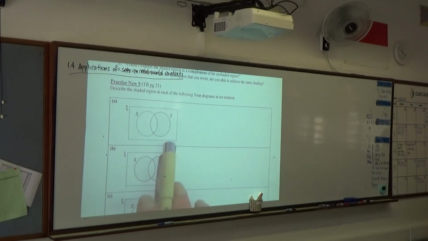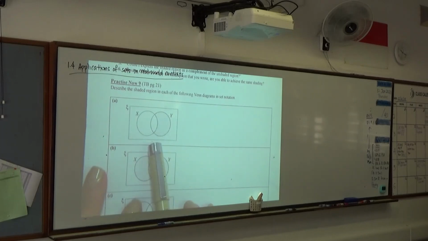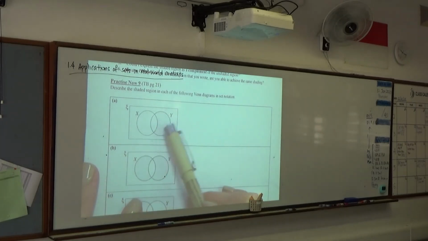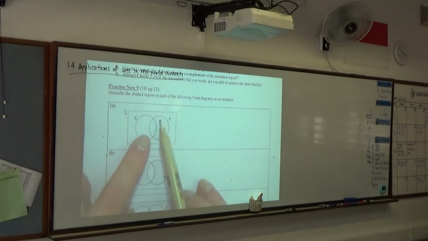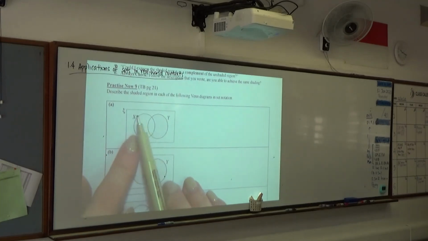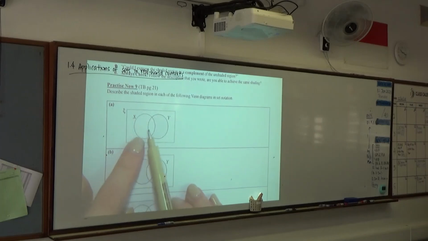So looking at part A, we have these two circles and we are shading this part over here. We are shading inside of Y, not shading X at all.